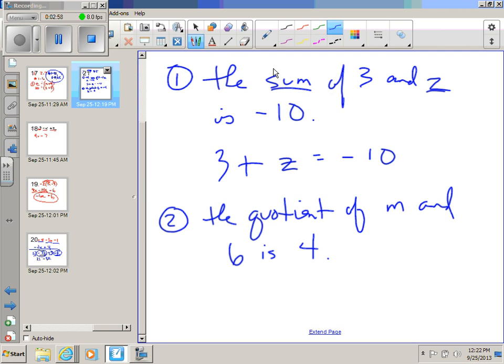M over 6 equal to 4. Perfect. Any questions on that? Okay.